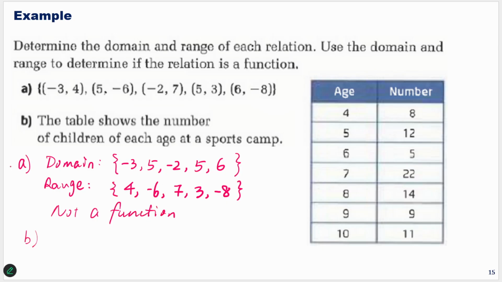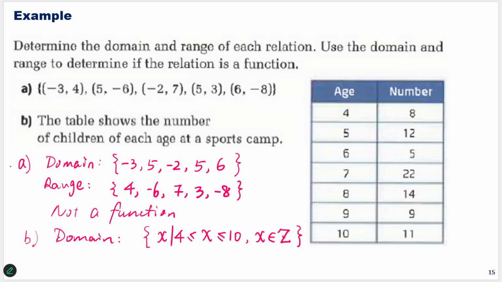Okay, for the second question, have you finished that? The method should be the same, right? The domain is 4, 5, 6, 7, 8, 9, 10. Yes, the domain is a set. You could list all these separately, and you could also say it's the set of all x such that x is between 4 and 10, and x belongs to the real numbers. You could also write it in this way.